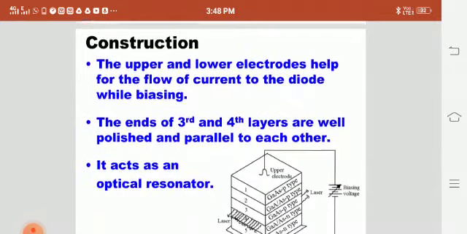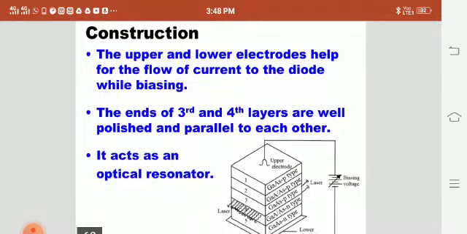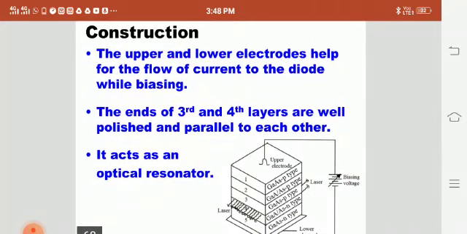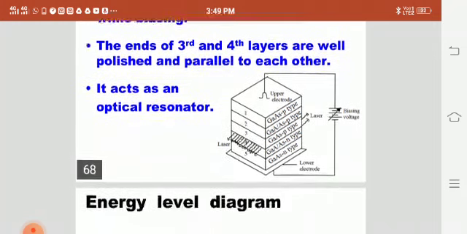The upper and lower electrodes help for the flow of current to the diode while biasing. The ends of third and fourth layers are well polished and parallel to each other. Here this layer is acting as an optical resonator, which will give the highly intensified laser beam.